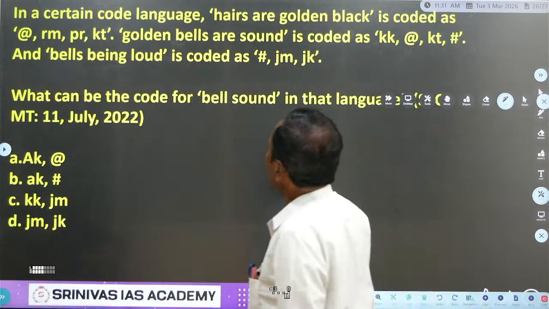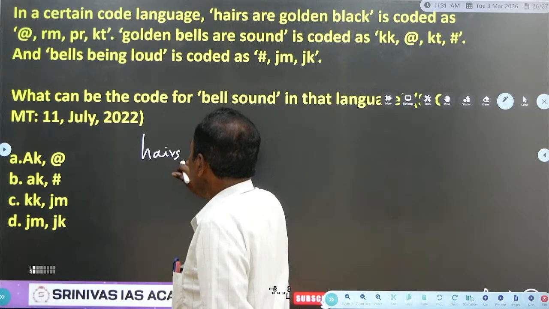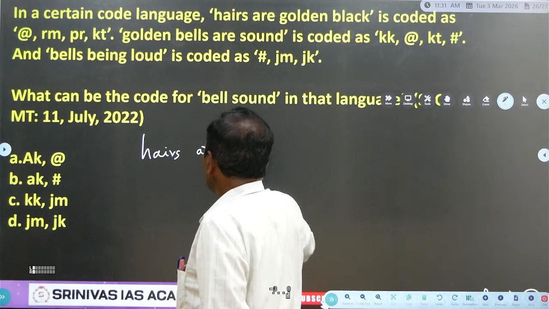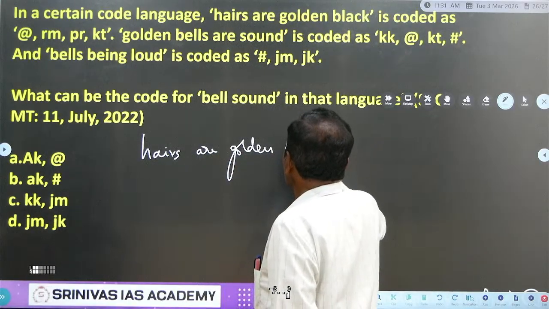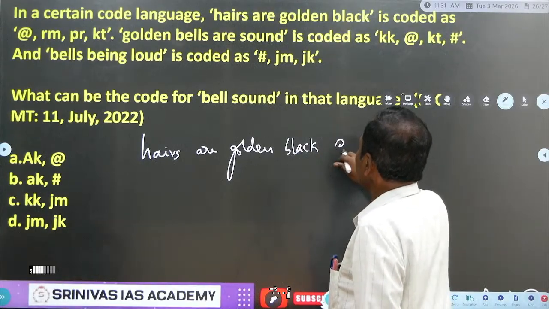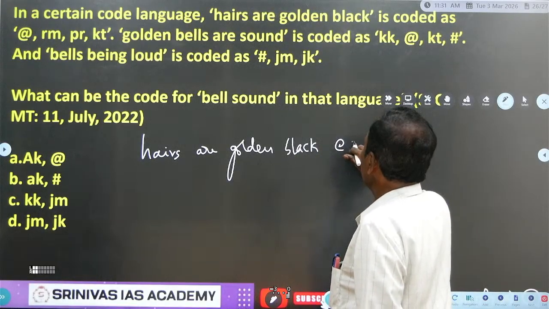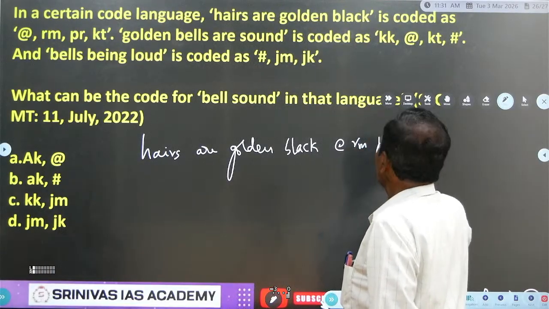Now, in a certain code language, hairs are golden black. Golden black is coded as AT RM P or KT.